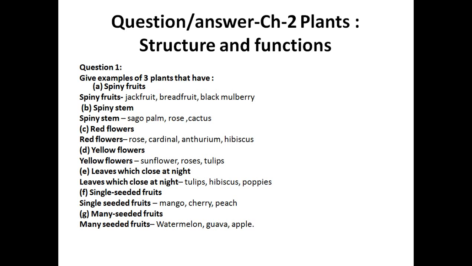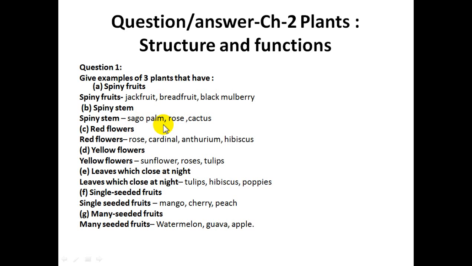Now another is B, spiny stem. Which plants have a spiny stem? A very common example, first of all, is rose. Rose has a spiny stem. We all know that a rose plant has lots of spines on it. Cactus. Cactus is a spiny plant as it is a desert plant, and all desert plants have lots of spines on them. And sago palm.